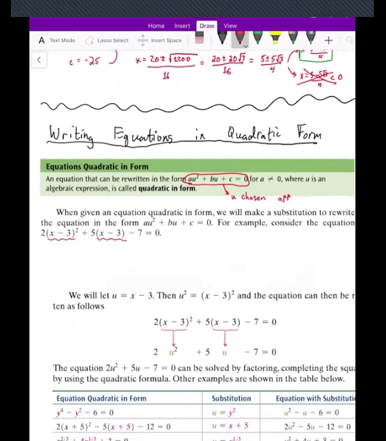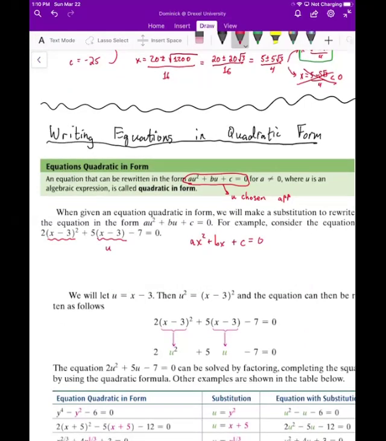this 2 times x minus 3 squared plus 5 times x minus 3 minus 7 is equal to 0. Now, of course, it doesn't look like ax squared plus bx plus c is equal to 0, but it's sort of there, right? So we're going to think of x minus 3 as some variable. Usually we choose it to be u, which then makes x minus 3 squared into u squared.